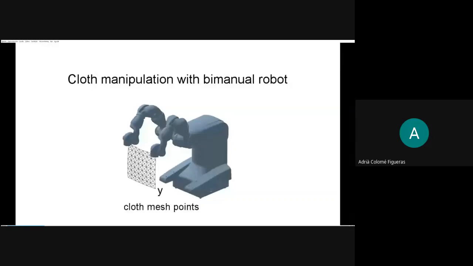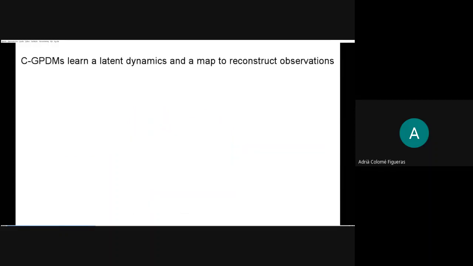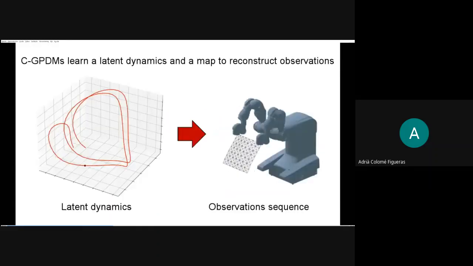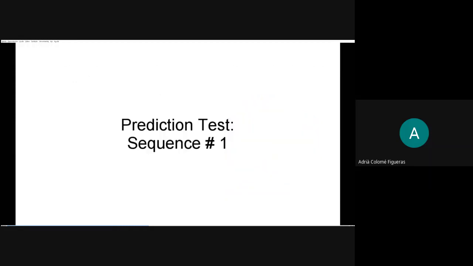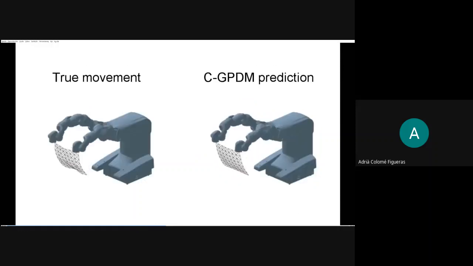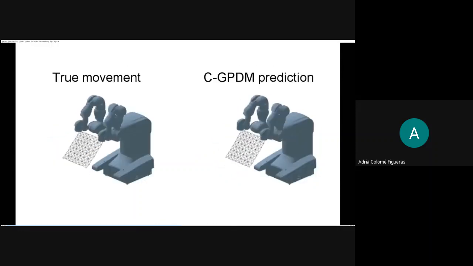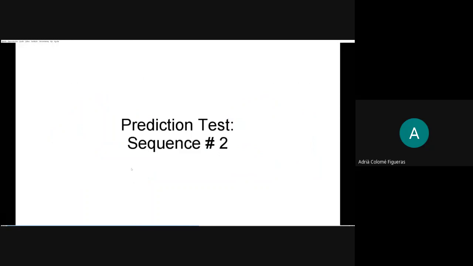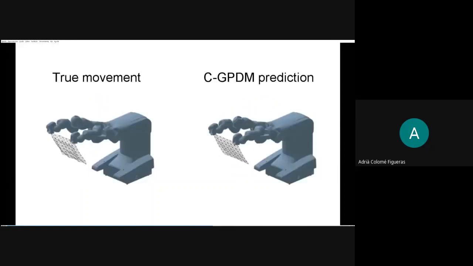Let me share the screen again. Okay, I think you see this. In this case, we're using this Gaussian process latent variable model in order to build a model-based reinforcement learning setup. What we did was project the whole state of this cloth mesh into a three-dimensional manifold. So basically, we could project all this data into a very small manifold where we could do reinforcement learning.